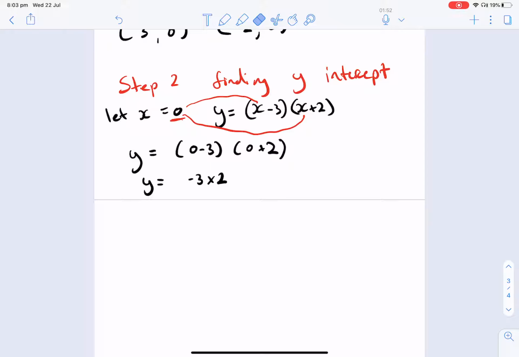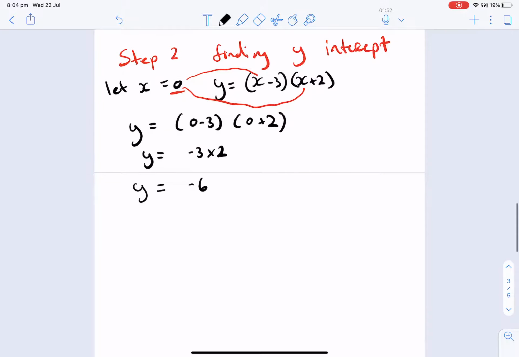So that's going to give me a y value of -6. So just like when we found our x-intercept, we have to remember that this is just the y value of my y-intercept. My actual y-intercept is going to be 0 because the value of x at the y-intercept is 0, and our y-intercept takes place at a value of -6 on the y-axis.